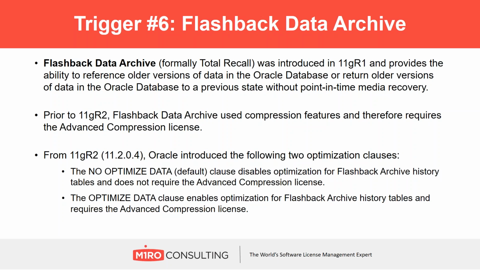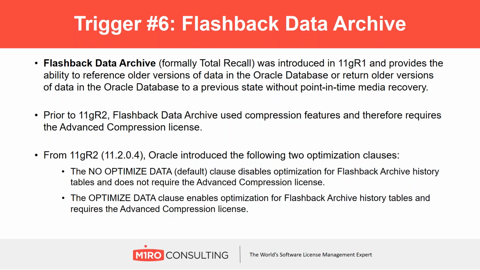The sixth and final one is Flashback Data Archive. This used to be formerly called Total Recall, and that was introduced in 11g R1. It provides the ability to reference older versions of the data in the database, or return older versions of data in the database to a previous state, without point-in-time media recovery.